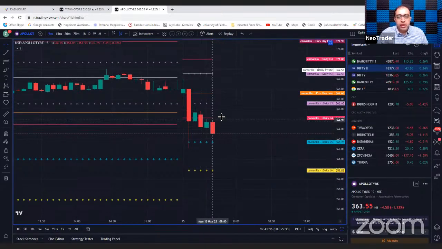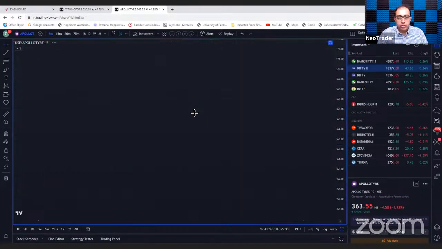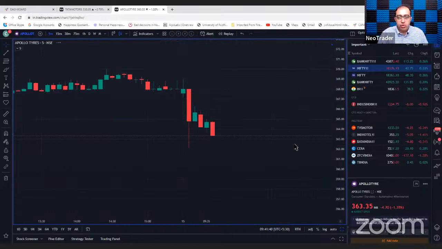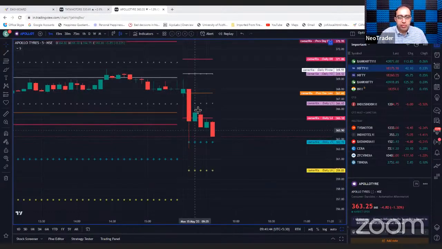You may have a long position, but the overall situation of Apollo Tyre is more to the downside, because it has broken below L4. These kinds of movements are regularly tracked and shown to you in NeoTrader.